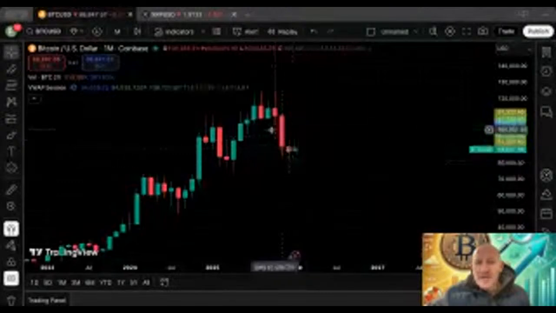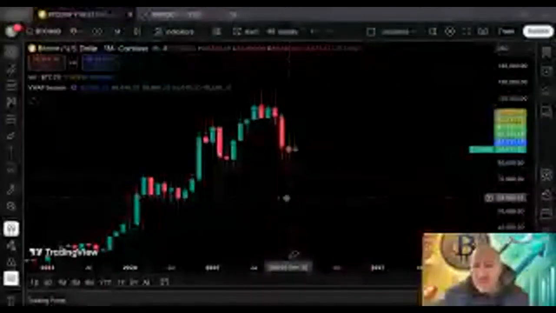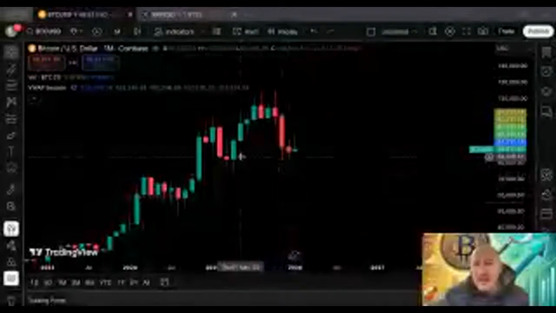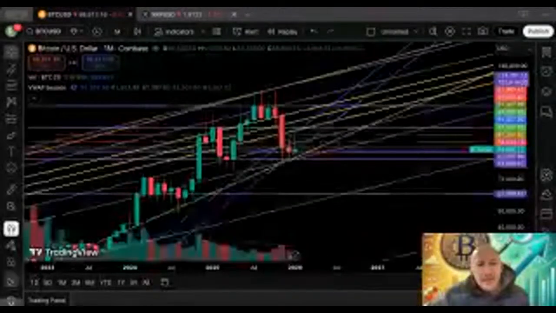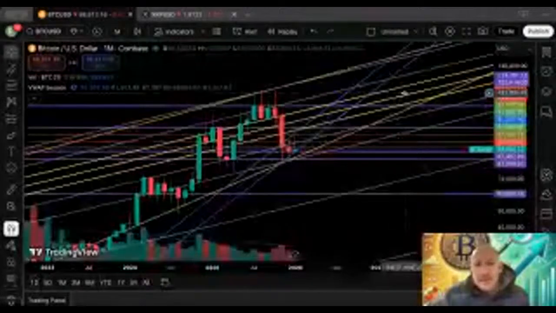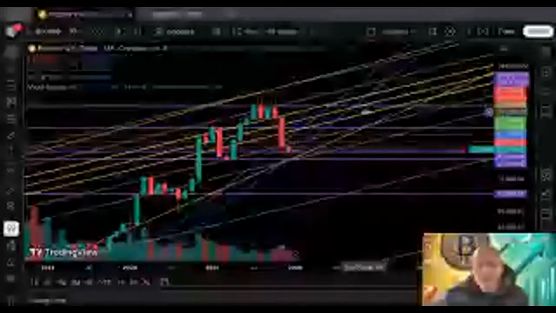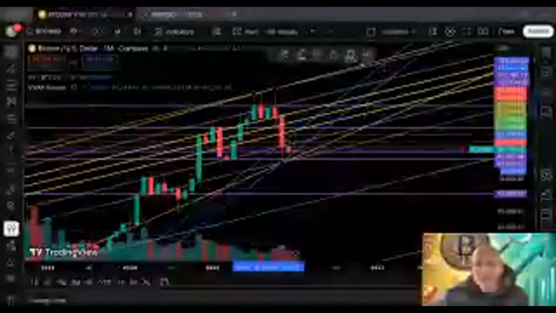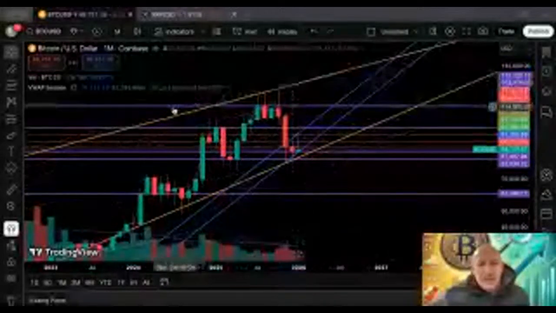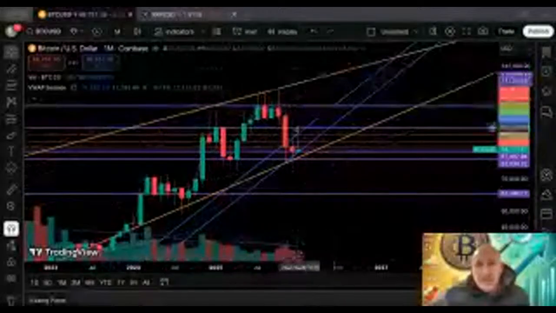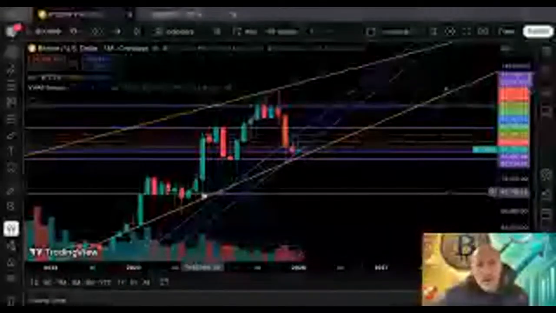So if it's been 3 months of red and we're at a significant support level, let me get rid of some of these. Okay, this orange line here and this orange line here are the overhead.